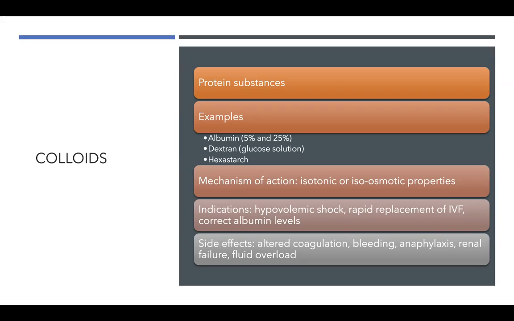So if a patient comes in and they have a very low or poor diet when it comes to protein, and you see a decreased albumin level, and they have just generalized edema on them, you might see a doctor prescribe an albumin or colloid because you need to replace that level, and it works to keep the fluid in the blood versus going out into the other cavities, like third spacing almost.